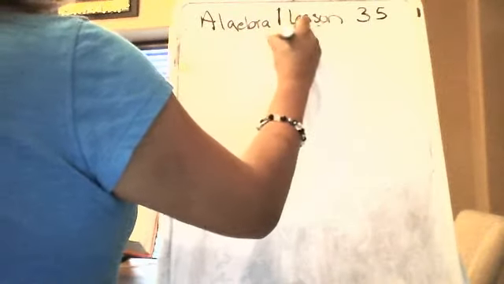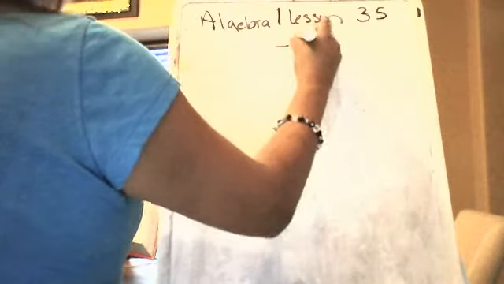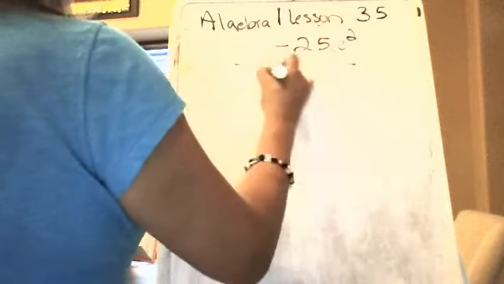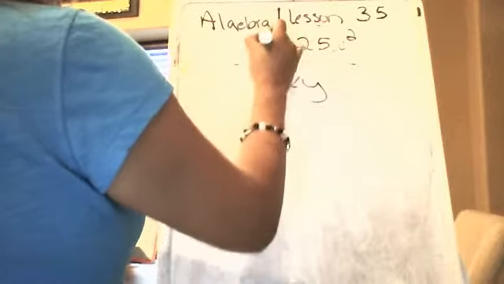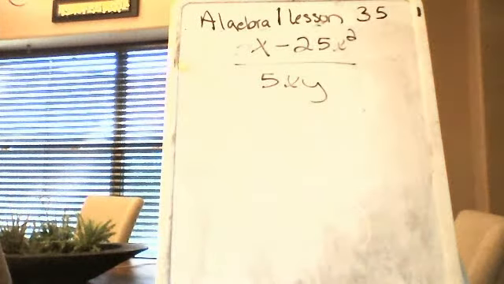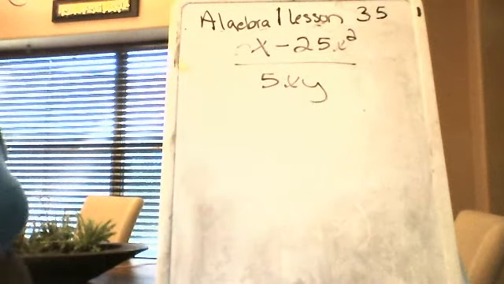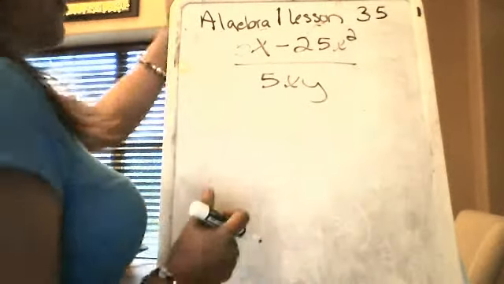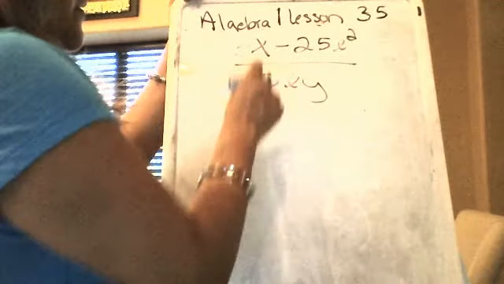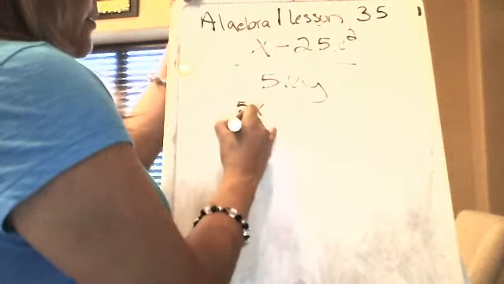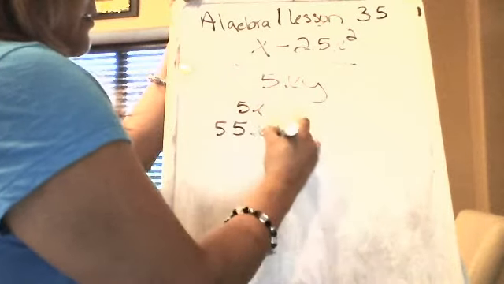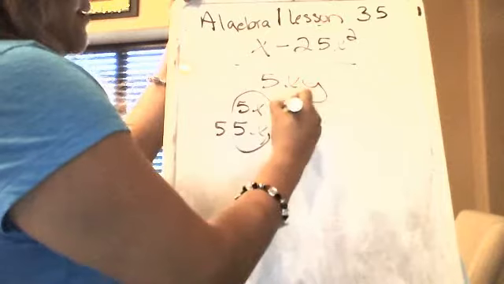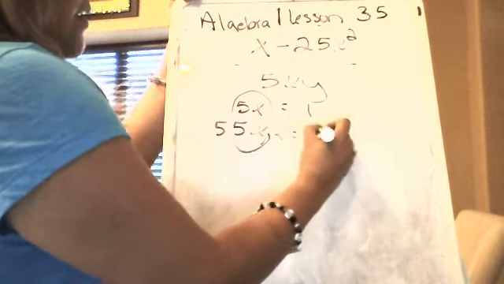Let's look at 5x minus 25x squared all over 5xy. Well, it looks like I have some things that I can factor out or simplify, but I've got to factor my numerator first. So let's go ahead and do that first. So you have that as the same. You're left with 1 here, and you're left with 5x.